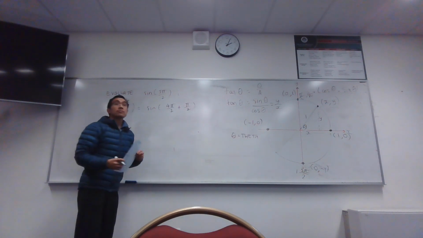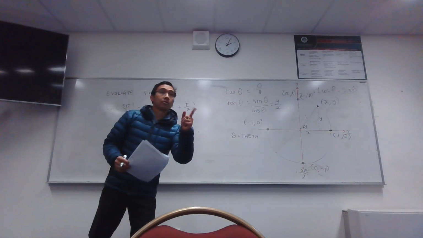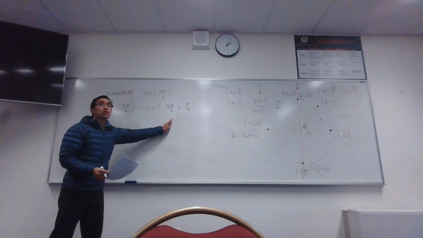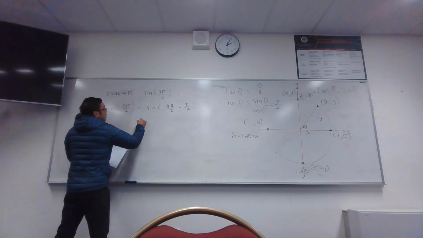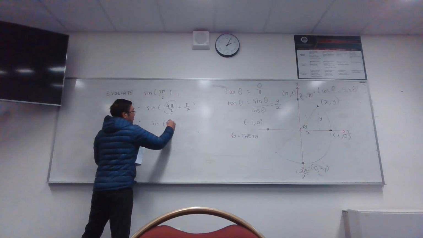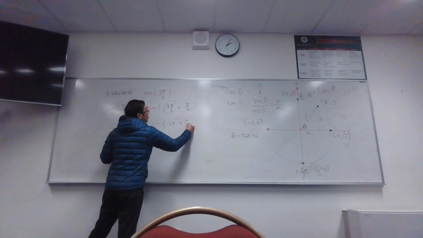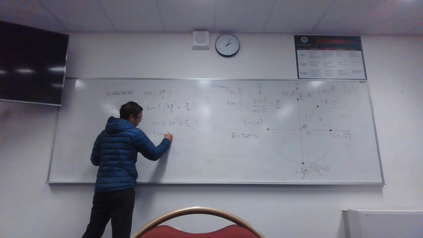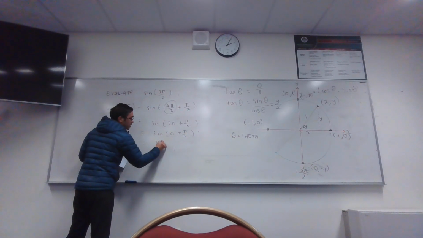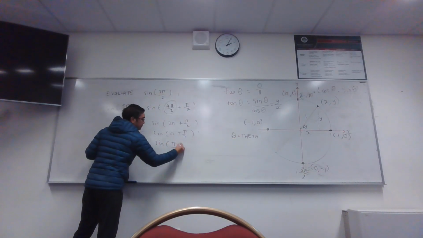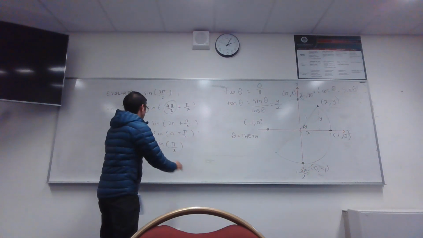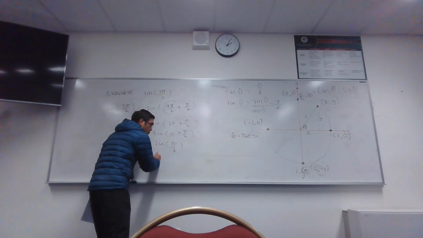Why not just make it 2.5 pi? We'll do that in a second. 4 pi on 2 is the same as 2 pi, which is also the same as 0. Therefore, we're just looking for sine pi on 2, and the sine of pi on 2, once again, is equal to 1.